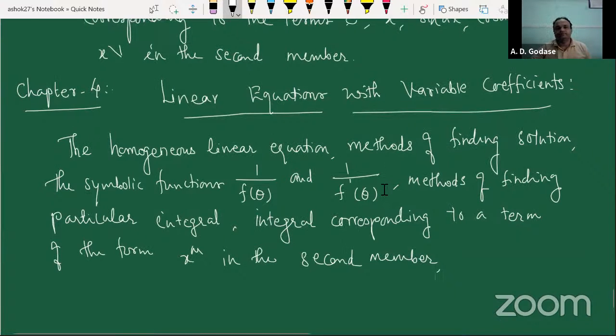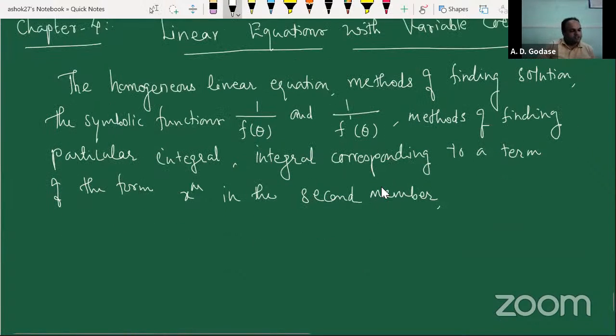Next, equations reducible to homogeneous linear form. So this last topic, equations reducible to homogeneous linear form.